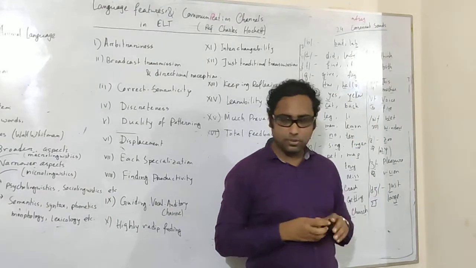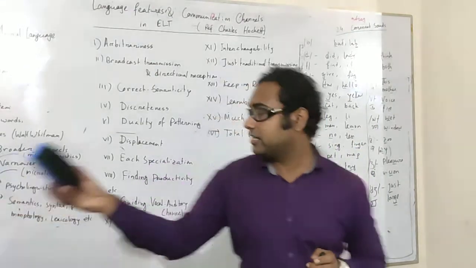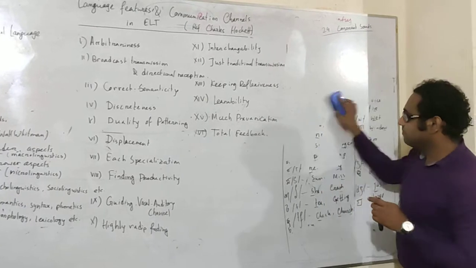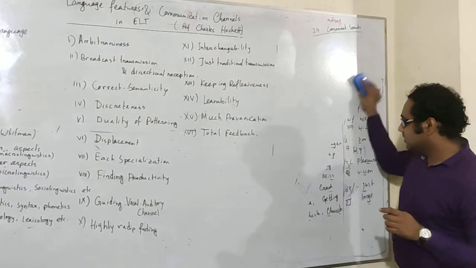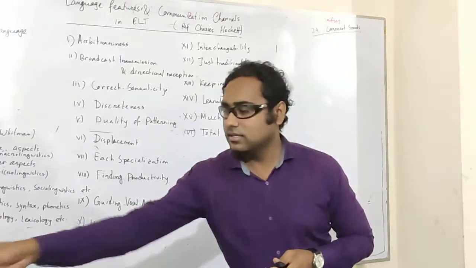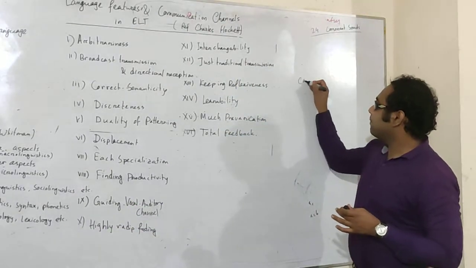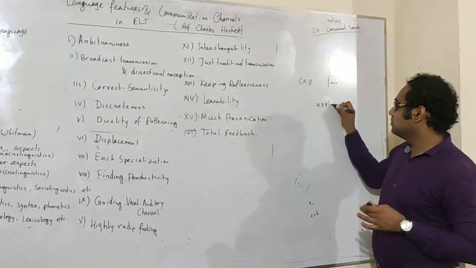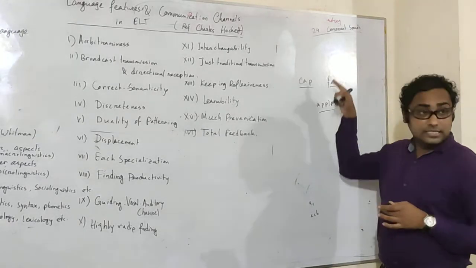Let me give you one example. Signifier and signified. Remember, this is important. Signifier is a signal word, and signified is the meaning. So, cat, fan, apple. This is English.